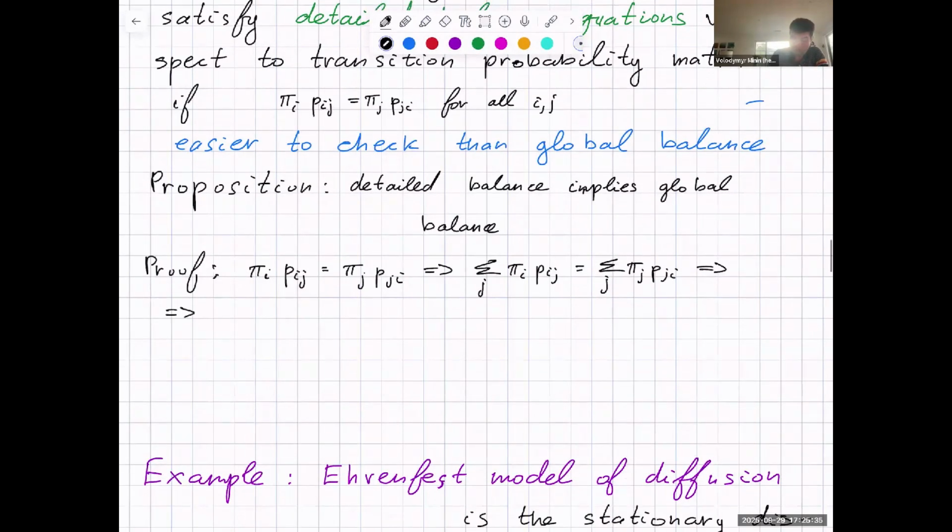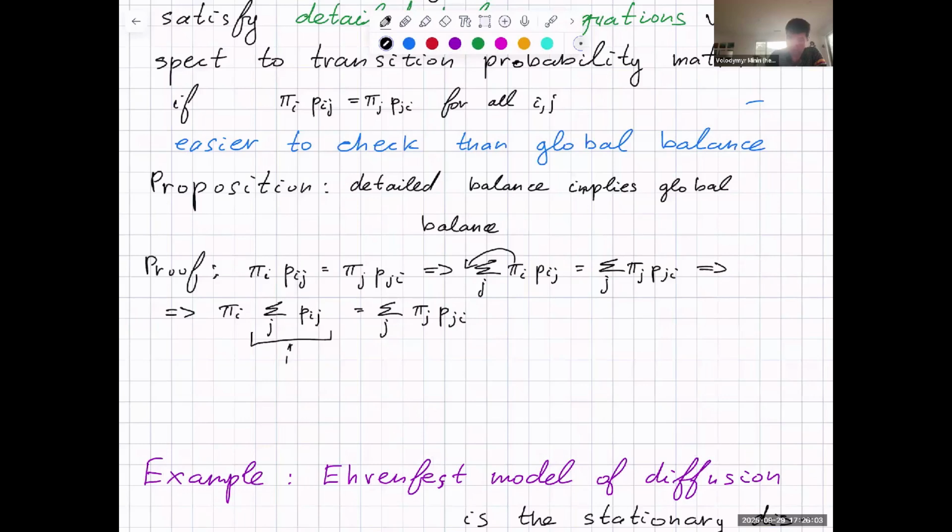What happens here is that pi_i does not depend on j, so I can factor it out. So pi_i is here, summation p_ij, and then here I cannot factor anything out because everything depends on j, so both terms. But notice what happens. We just talked about it. This is the sum of the ith row of my stochastic matrix.